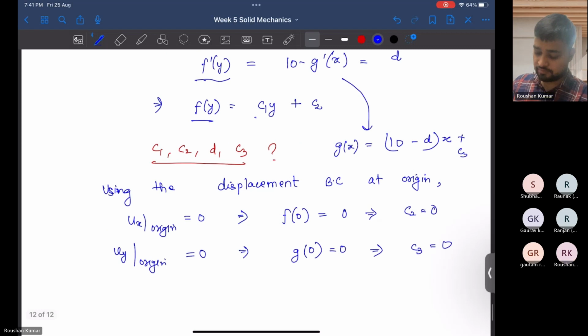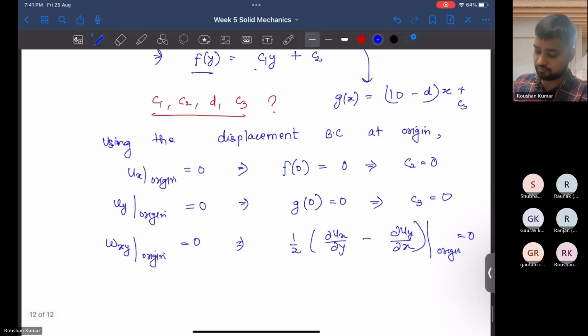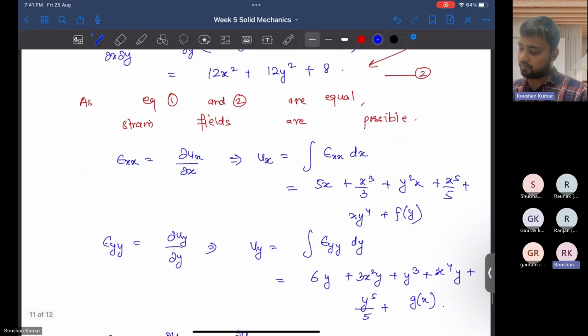Okay, now the last boundary condition that is prescribed here, wxy at origin equal to 0, which means half of del ux over del y minus del uy over del x at origin equal to 0. What is del ux over del y and del uy over del x?